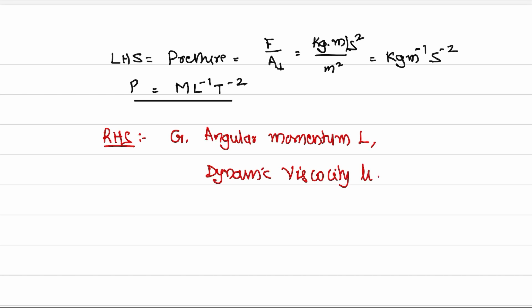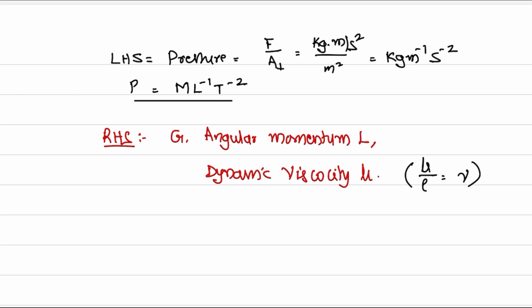There is another thing also called kinematic viscosity. I will discuss it when it comes. Mu by rho is equal to kinematic viscosity, mu by rho is equal to nu. That is kinematic viscosity.